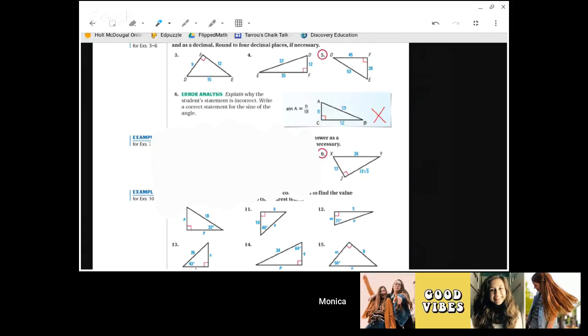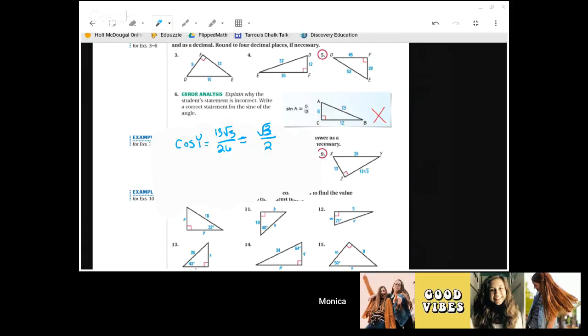So the cosine of y is adjacent over hypotenuse, which is 13 square roots of 3 over 26, right? So we can reduce that and say 13 over 26 equals 1/2, right? So that's really just the square root of 3, or sorry, that should be a 3 over 2.